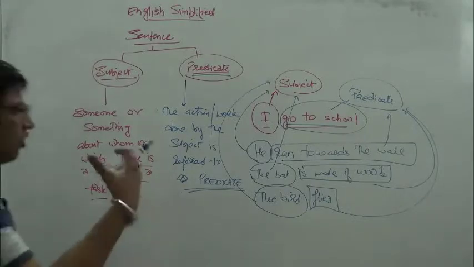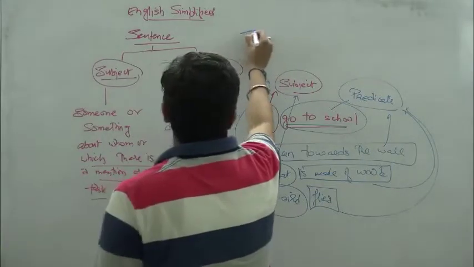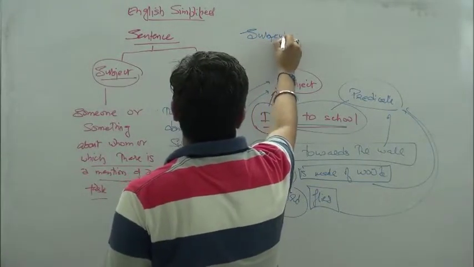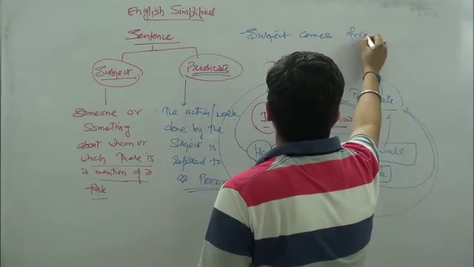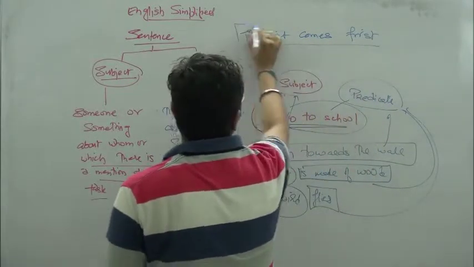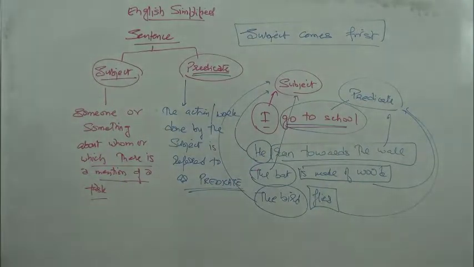Okay, normally it is seen that subject comes first. Like in these cases, I go to school, he ran towards the wall, the bat is made of wood, the bird flies.